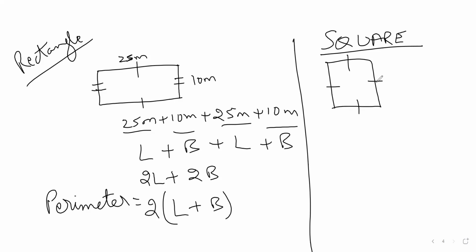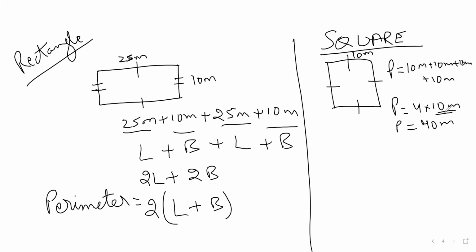So if you have to find the perimeter, suppose one side is given 10 meter, then it will be 10 meter plus 10 meter plus 10 meter plus 10 meter, 4 times, right? So perimeter is equal to 4 times 10 meter, which is equal to 40 meter.